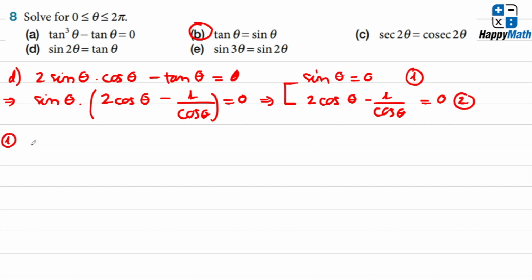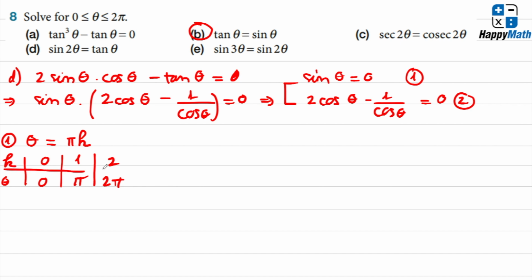For the first equation, theta has to be pi k, so with theta in the interval, possible values are 0, pi, and 2 pi. The first equation is quite easy, but the second one is not.